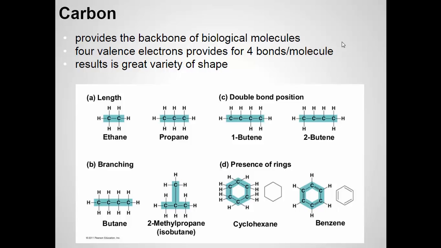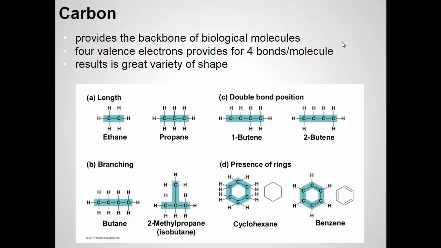And so here's some examples. You could have different numbers of carbons bonded together to form different lengths of molecules. Carbon can form double bonds between each other. Sometimes the position of that double bond can be in different places, and that changes the molecule.